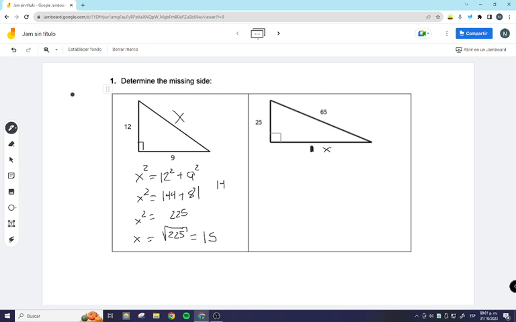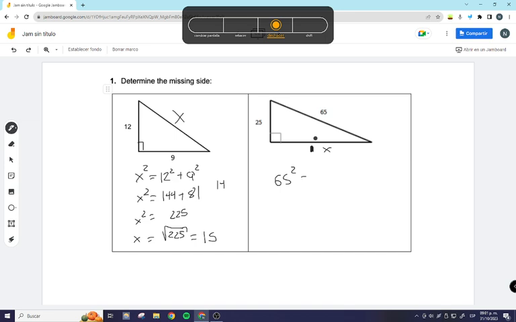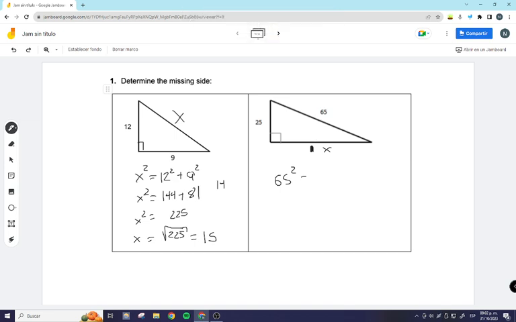Now, let's move over to this one. For this one, I am not going to do the whole thing. So here we have the hypotenuse. So 65 squared is supposed to be the addition of this squared plus this squared: 25 squared plus x squared.